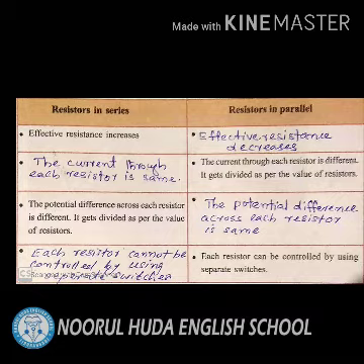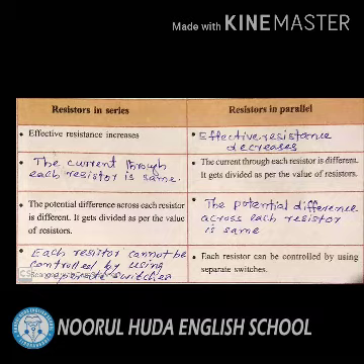Fourth point: in series connection, resistors cannot be controlled by using separate switches. In parallel connection, each resistor can be controlled by using separate switches. So that is the comparison between resistors in series and parallel.